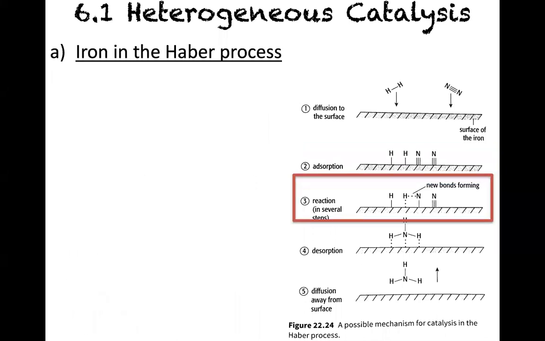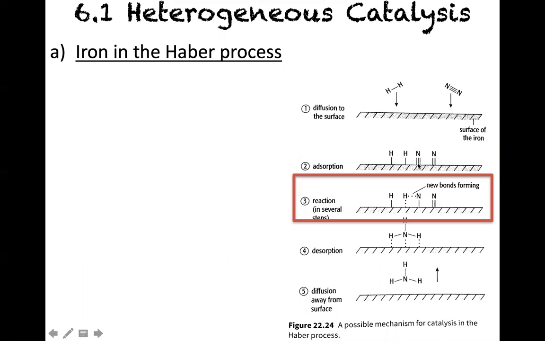Next one is the reaction. After the breaking of the bonds, you have atoms. You see these hydrogen atoms, the hydrogen bond is already broken. You have nitrogen atoms, the nitrogen triple bond is already broken.